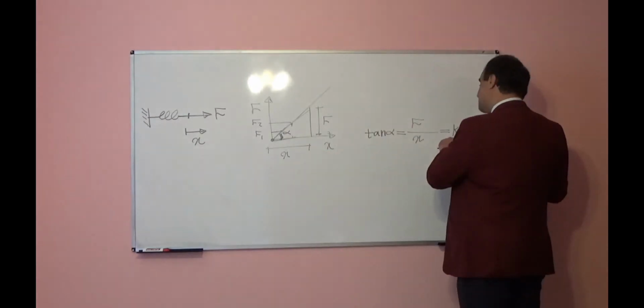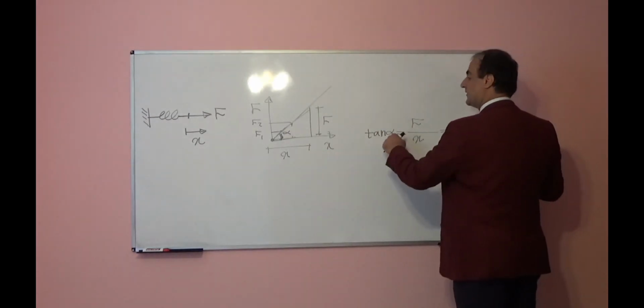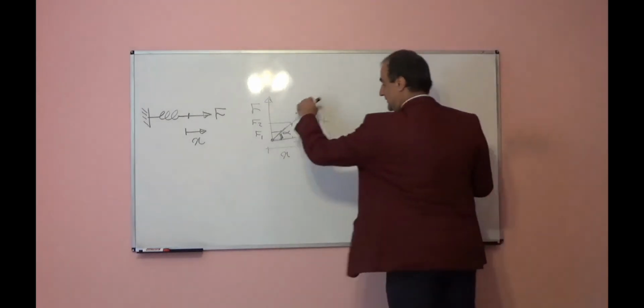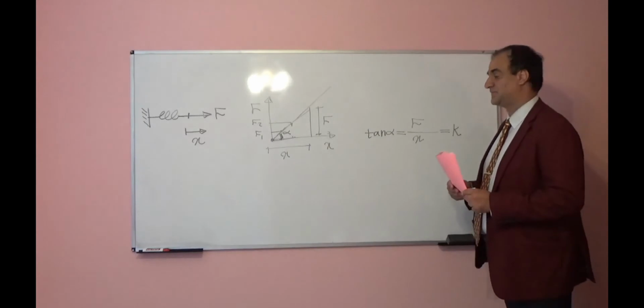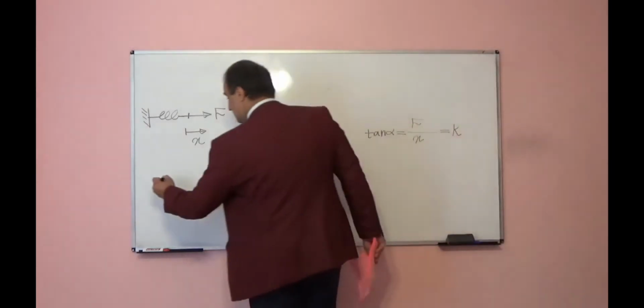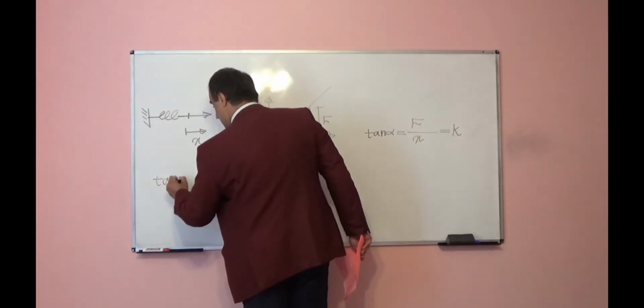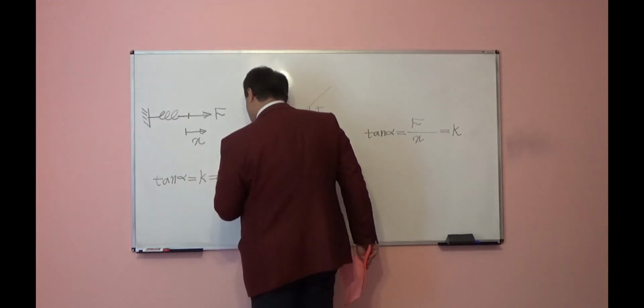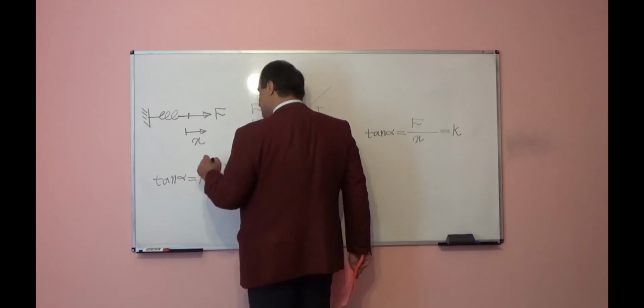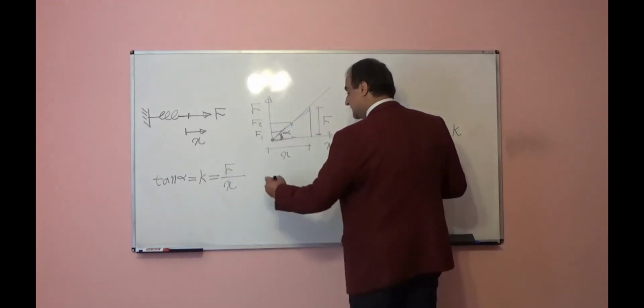So K means tangent of alpha in this diagram, tangent alpha is equal to K, which equals F divided by X. This K is the stiffness of a spring.